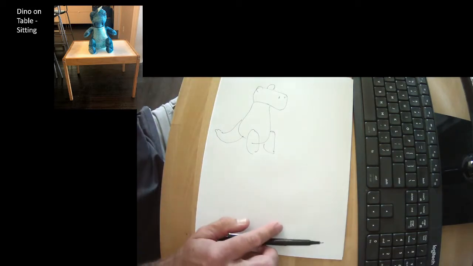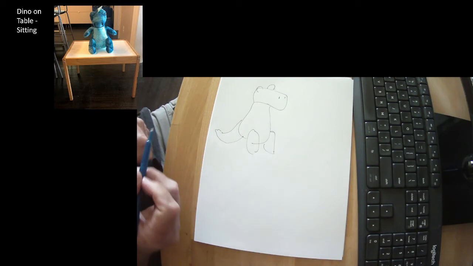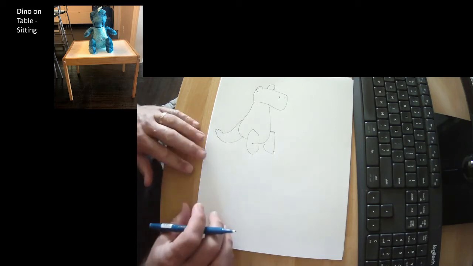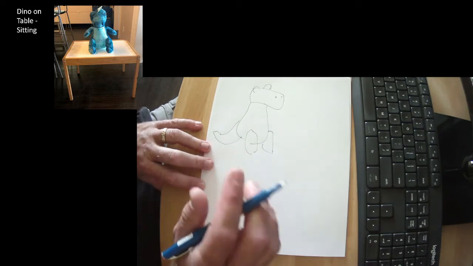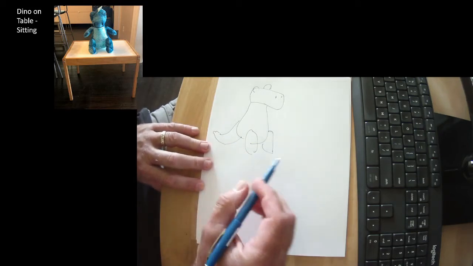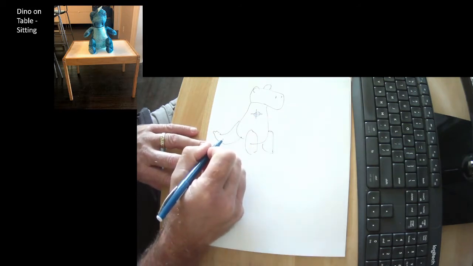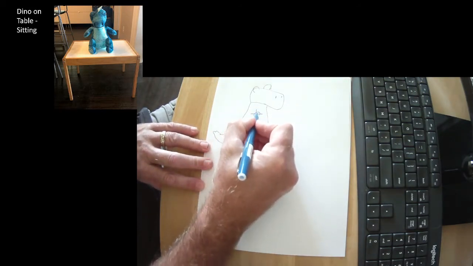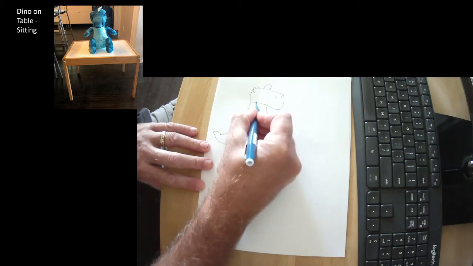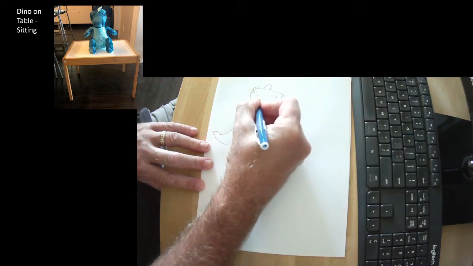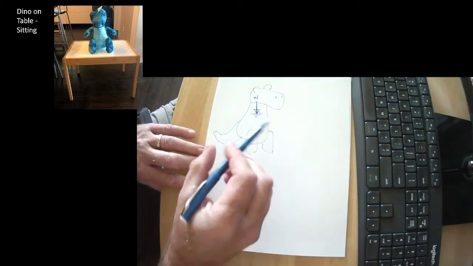I'm going to use a convention where I'll use blue for applied loads and red for reactions. Reactions, of course, are the forces that hold in an equilibrium. That's the centroid, the center of mass of Dino, which means that we have a load applied. That's Dino's weight. That's one of the forces.